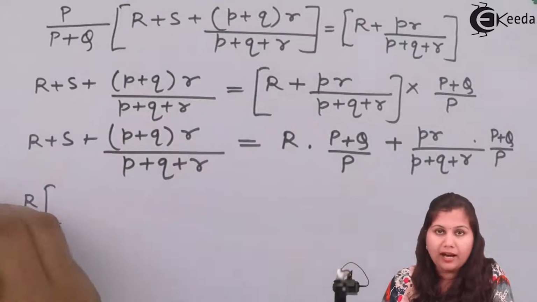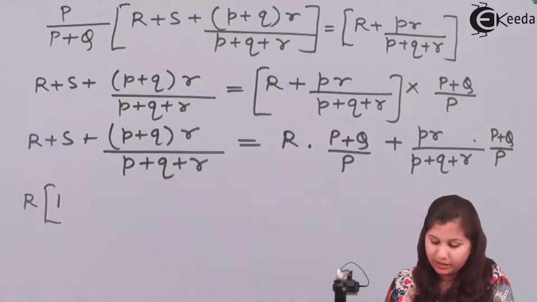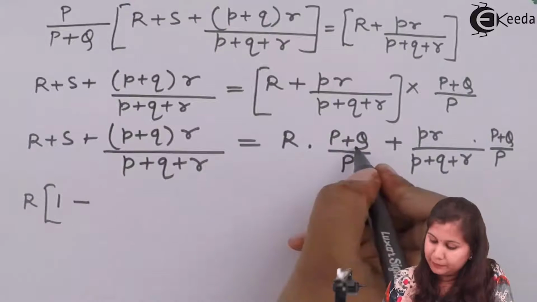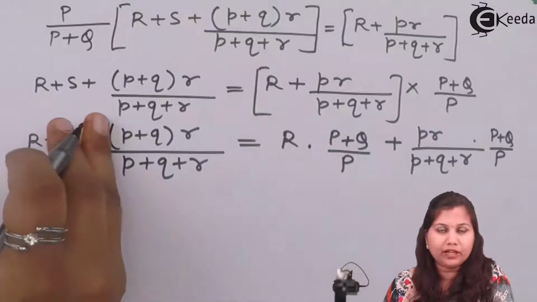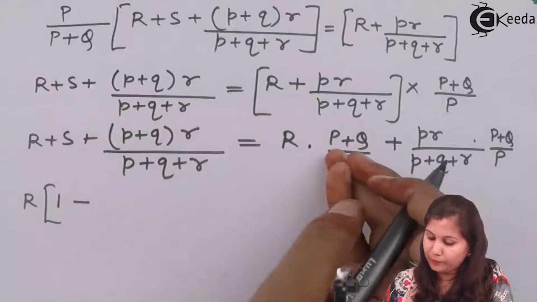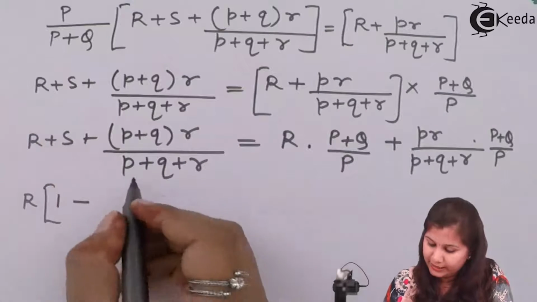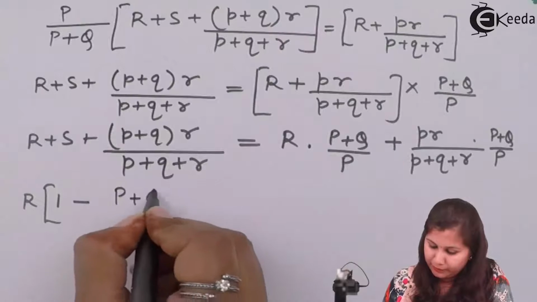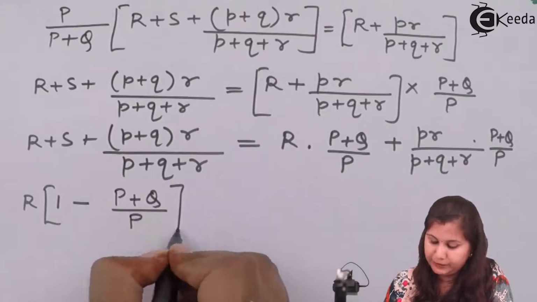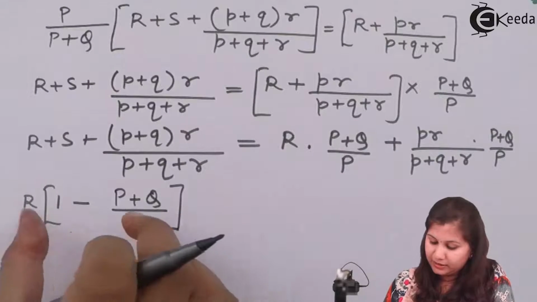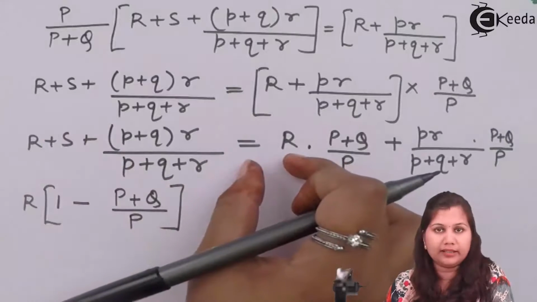Here if we take R as common, 1 is left, then minus this P plus Q upon P. We are bringing it on the left hand side, so plus will become minus on this side, and we are left with P plus Q upon P. So these are the terms which are having R in them.